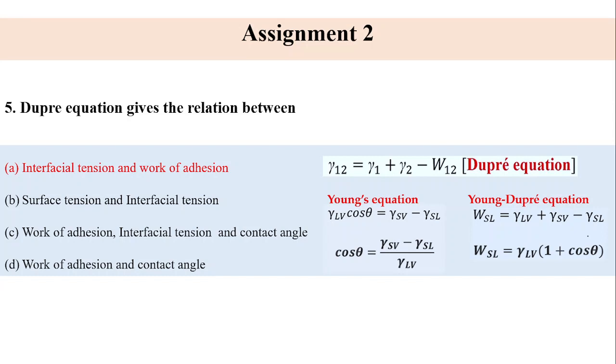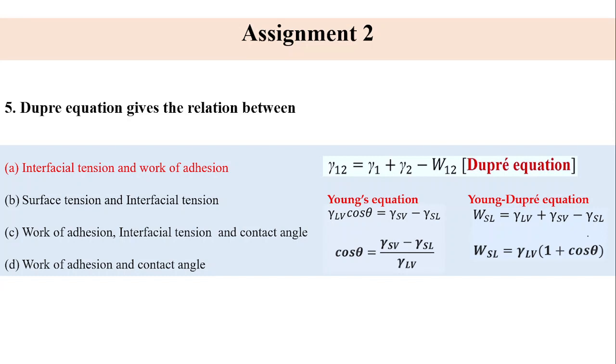Whereas in case of the Young-Dupre equation, it is given as WSL equals gamma LV (1 plus cos theta). So in this case, it gives the relation between work of adhesion, interfacial tension and contact angle.